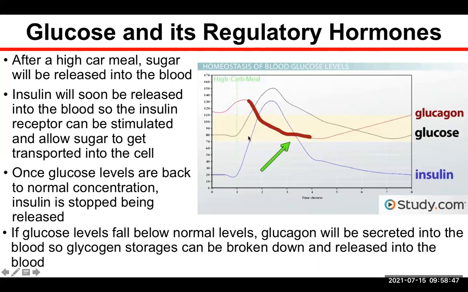Then you're going to get this insulin spike that is going to help lower the amount of glucose in the body. If your amount of sugar is below threshold, then glucagon is going to get secreted. Glucagon is the one that really keeps everything stabilized when you haven't eaten anything.